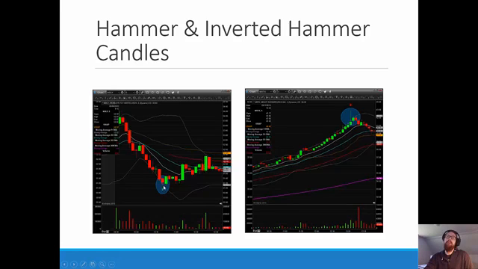This wick is called a bottoming tail, and it has a small real body right here. So it kind of looks like a hammer, like this. And the concept there is that this candle is hammering out the bottom of the move. This hammer candle in the context of sideways price action is not very significant. It's significant in the context of this sell-off.